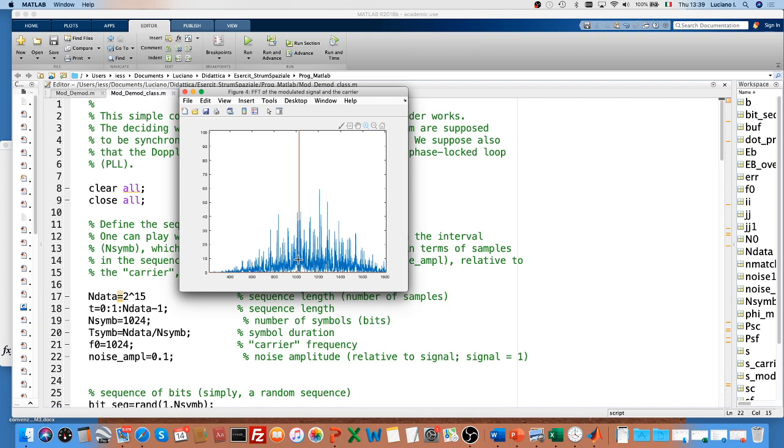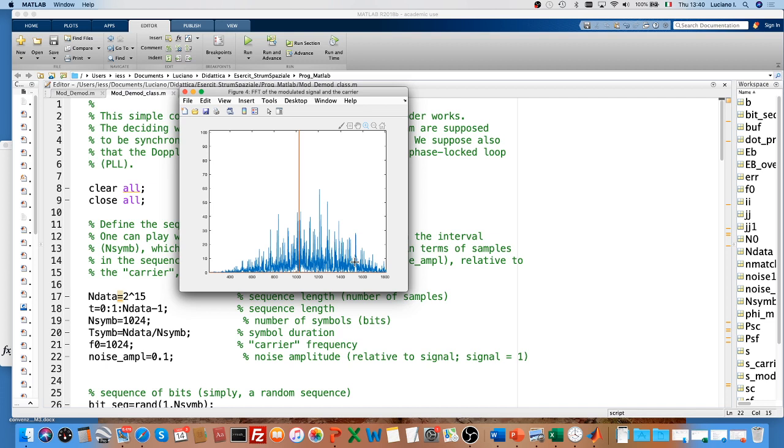All this shallow hill, let us say, a hill more than a mountain, is a consequence of the modulation, which extends over a much wider region in frequency.